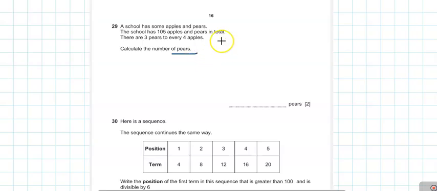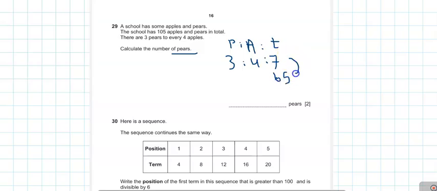Okay, first we make a simple ratio, pears to apples, and this is the total. 3 and 4, the total is 7, and the total is 105.